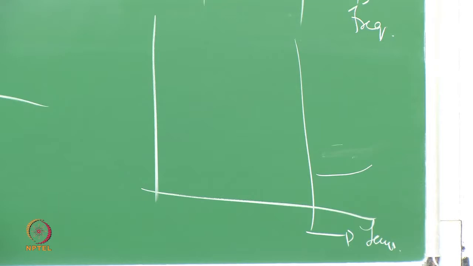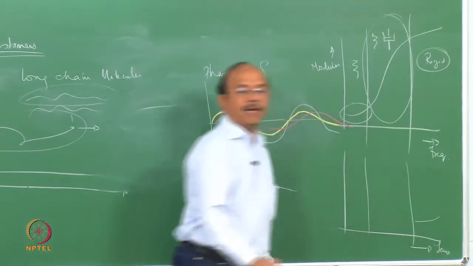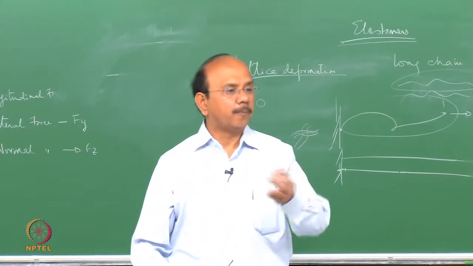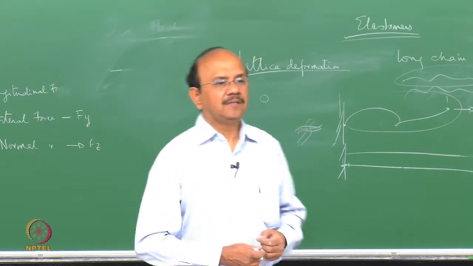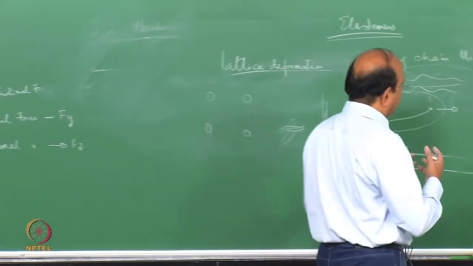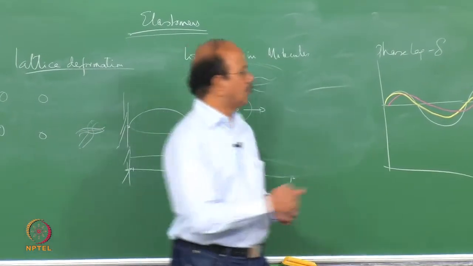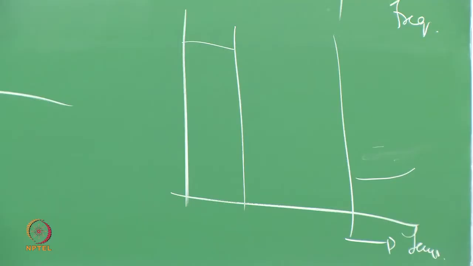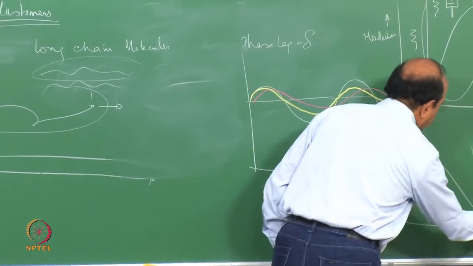At very low temperatures, just the opposite. The molecules have difficulty getting back to their original position, so the modulus is high. At intermediate temperatures, the modulus is between the two.